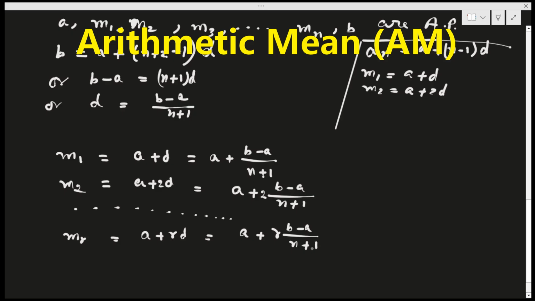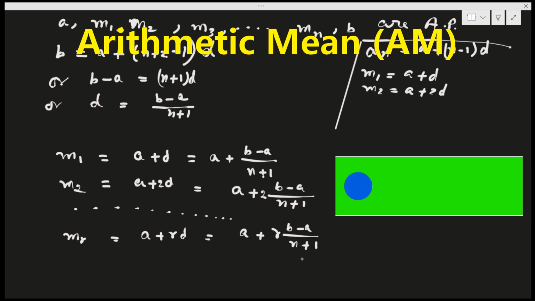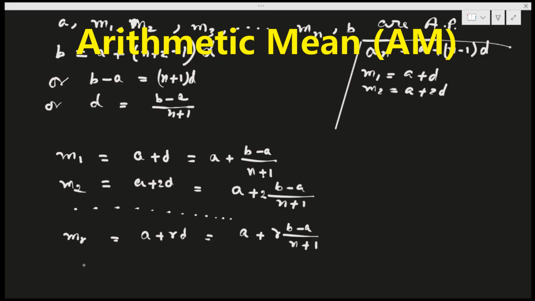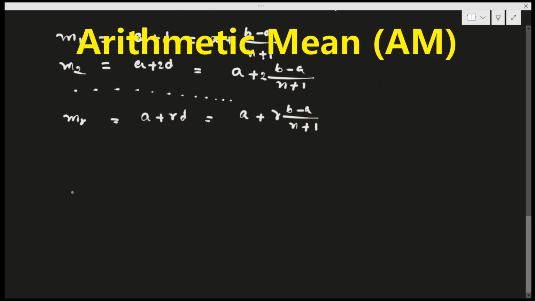So if two numbers are given and we are asked to find any number of arithmetic means, we can find them using this formula.